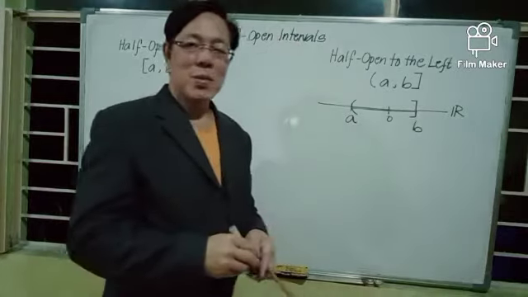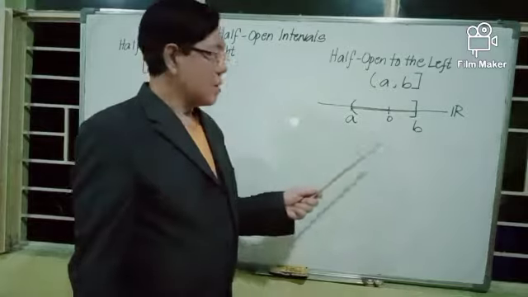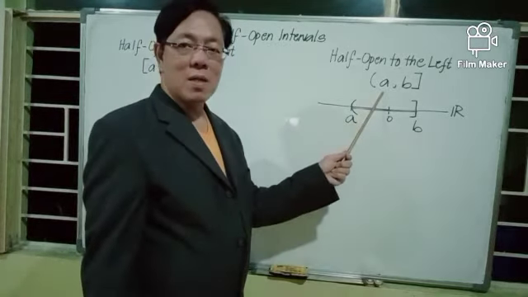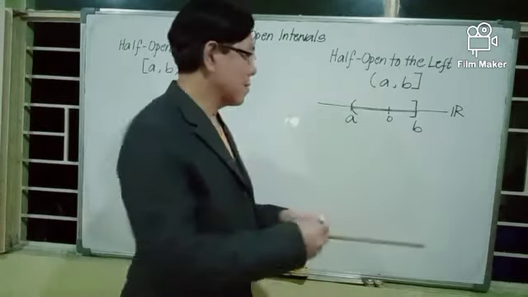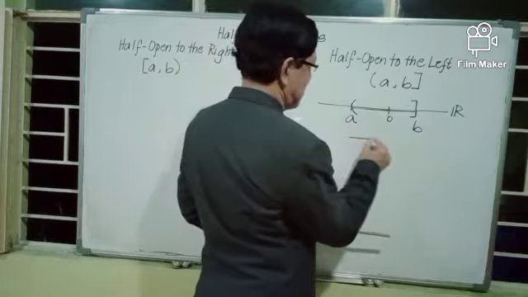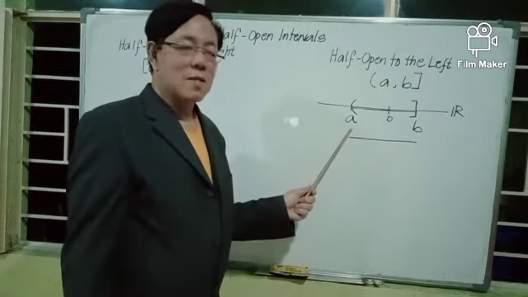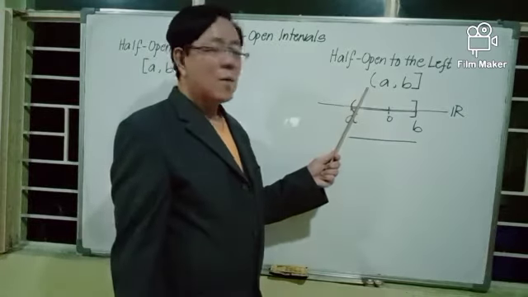Or another way to represent this half open to the left interval is this way. The half open interval (A, B] is the set of real numbers between A and B. But the real number A is not included in the set as indicated by this parenthesis.